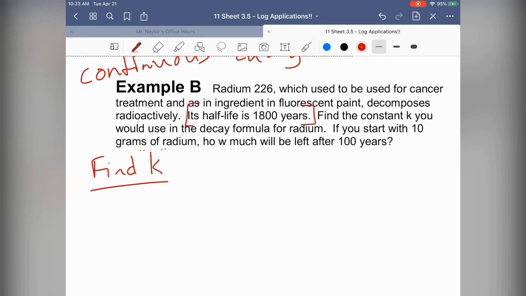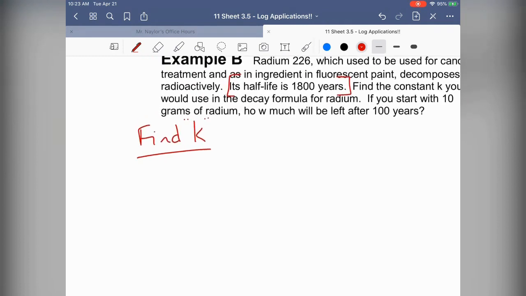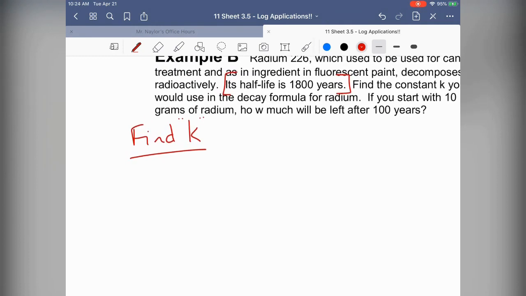Believe it or not, all that information is wrapped up in this small sentence that the half-life is 1,800 years. How exactly? Well, if the half-life is 1,800 years, that means that whatever I start with, I'm always going to end up with half of it after 1,800 years. So 100%, I can plug in 1,800 for my time. Now all I need is an initial value and a final value.